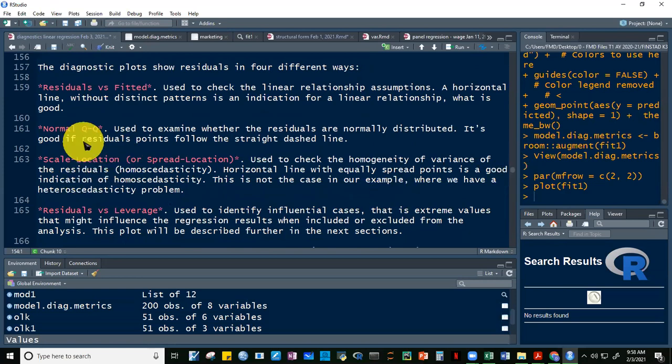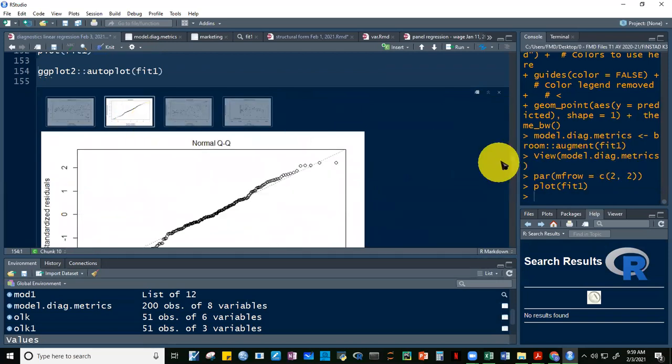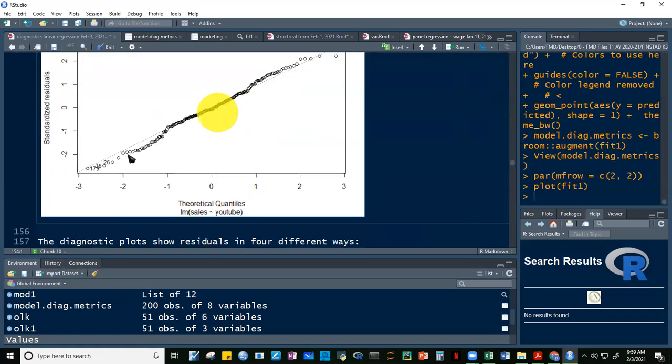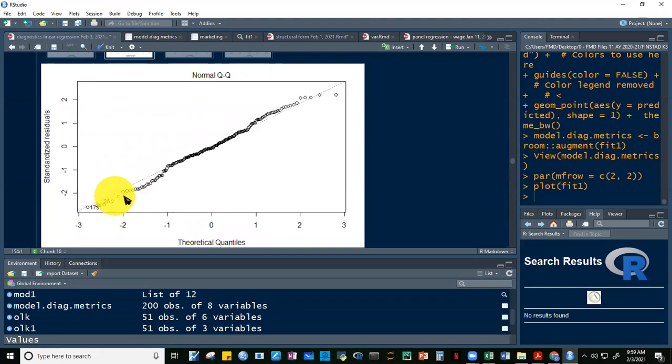Okay, second, yung normal QQ plot. Quantile plot 'to. Ginagamit yan para makita natin kung yung residuals natin normally distributed. Dapat guys, yung plot ng QQ plot natin, nasa straight line. Yung standardized residuals natin, tingnan niyo 'to. Medyo okay naman, no?